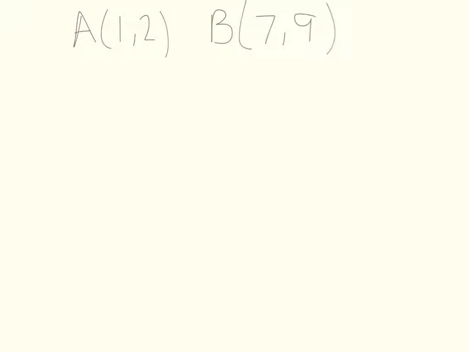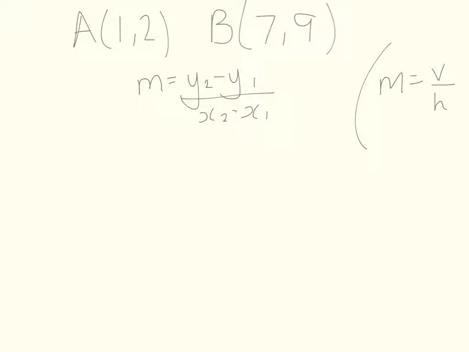Okay, here I could be asked a question to calculate the gradient of the line joining the points A and B. And if we think back to our gradient formula, the gradient formula was m equals y2 take away y1 over x2 take away x1. And just if we recall at the side, on the first slide we saw that the gradient formula is given by m equals v over h.